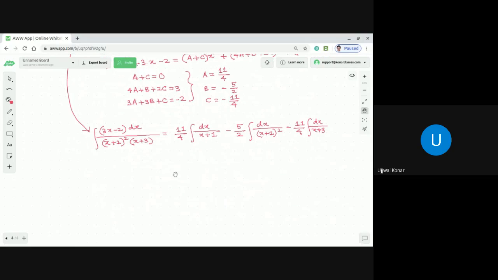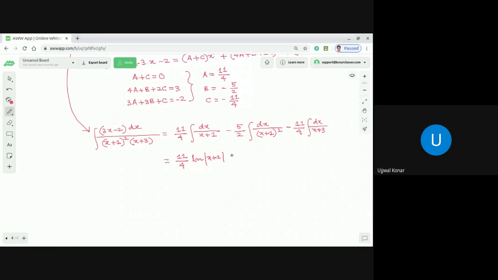So once we get these values, we just write it here. We know it is 11 by 4 into ln of mod of (x plus 1). And what will be the value of integration dx by (x plus 1) whole square? It will be minus of 1 by (x plus 1). So that minus and minus 5 by 2 will get cancelled.